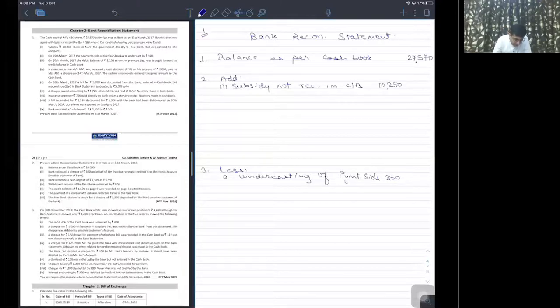On 20th March 2017, the debit balance of 2156 on the previous day was brought forward as the credit balance in the past cash book.